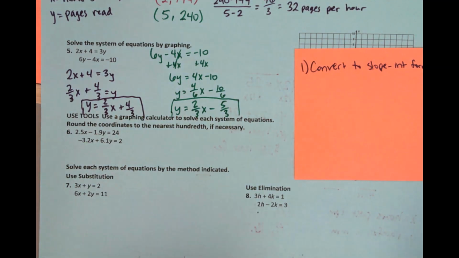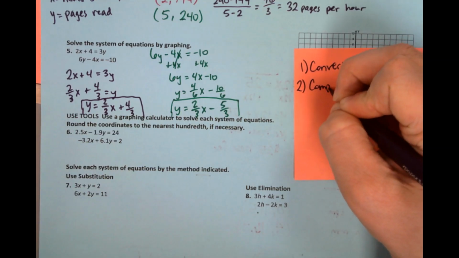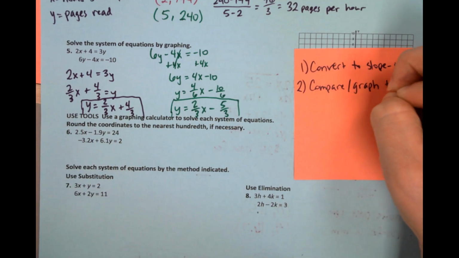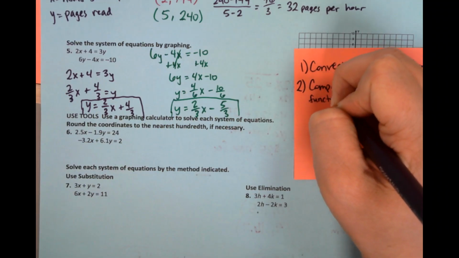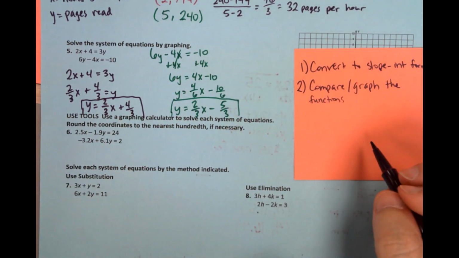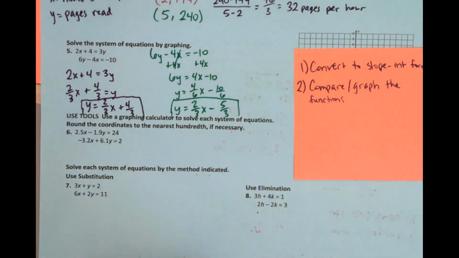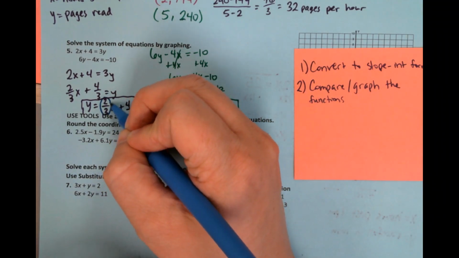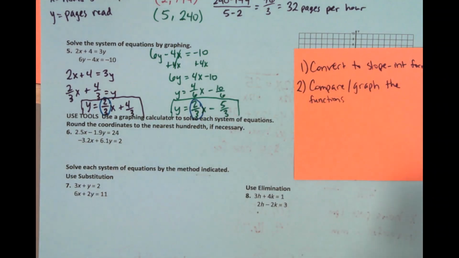After we have converted to slope-intercept form, we need to compare and graph the functions, the lines. In this case, when we compare, we notice that these two lines have the same slope, but different y-intercepts.